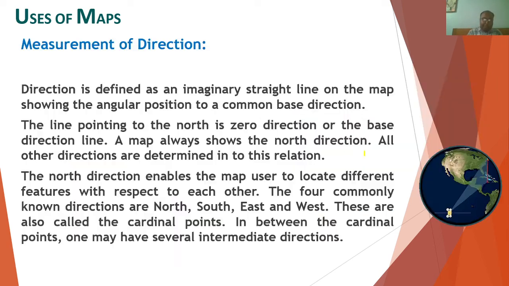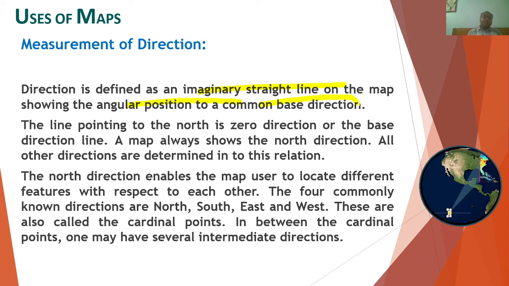Moving on to the next point, measurement of direction. Direction is defined as an imaginary straight line on the map, showing the angular position relative to a common base direction. So it will show an angular position. Whenever angular position is coming, indirectly I'm referring to latitude and longitude, because these are angular positions only, and to the common directions.